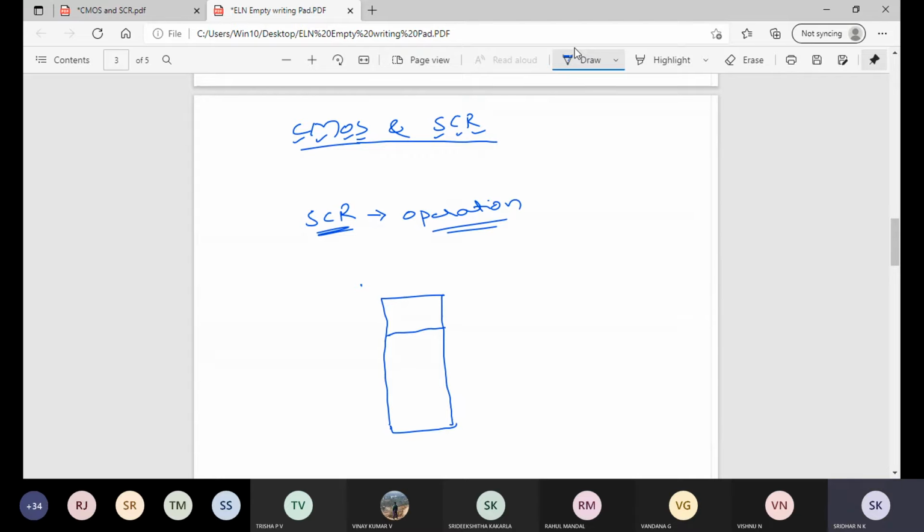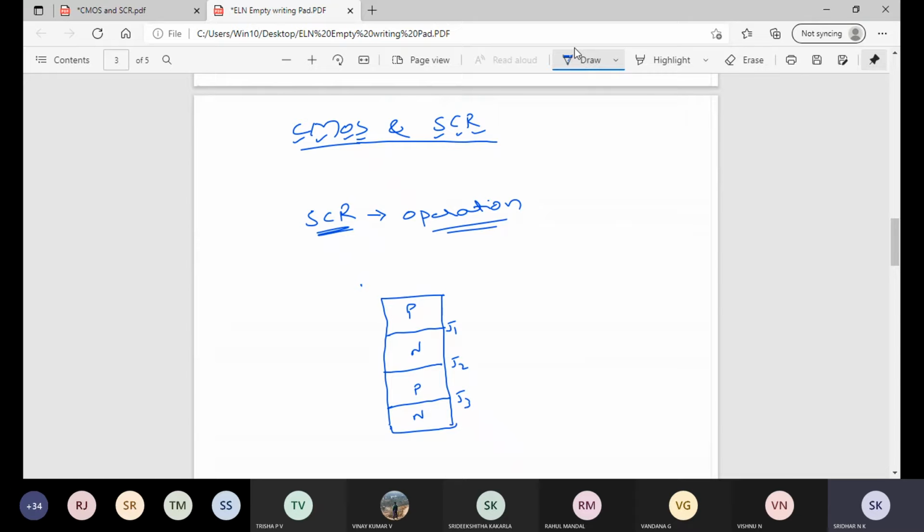So P, N, P, N. I said between this P and N, this junction is J1. The junction between this N and this P is junction J2, and the junction between this P and this N is junction J3. So we have 3 junctions.